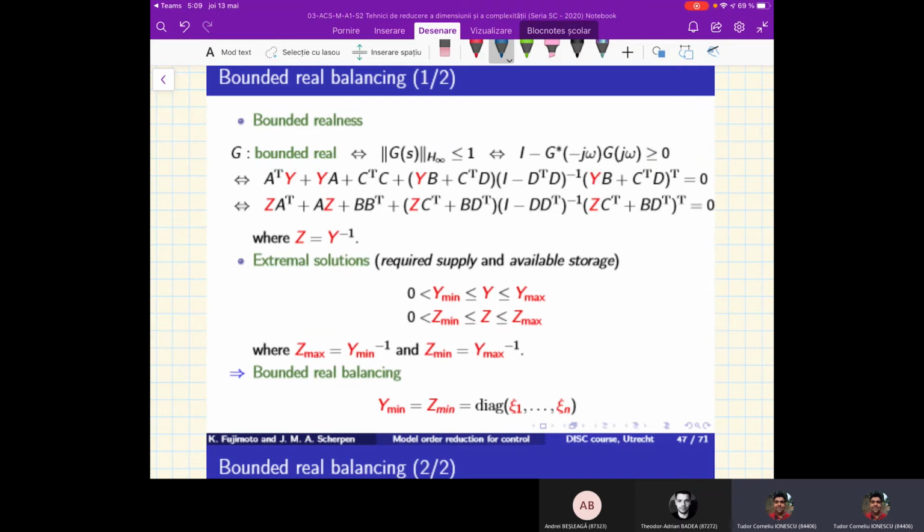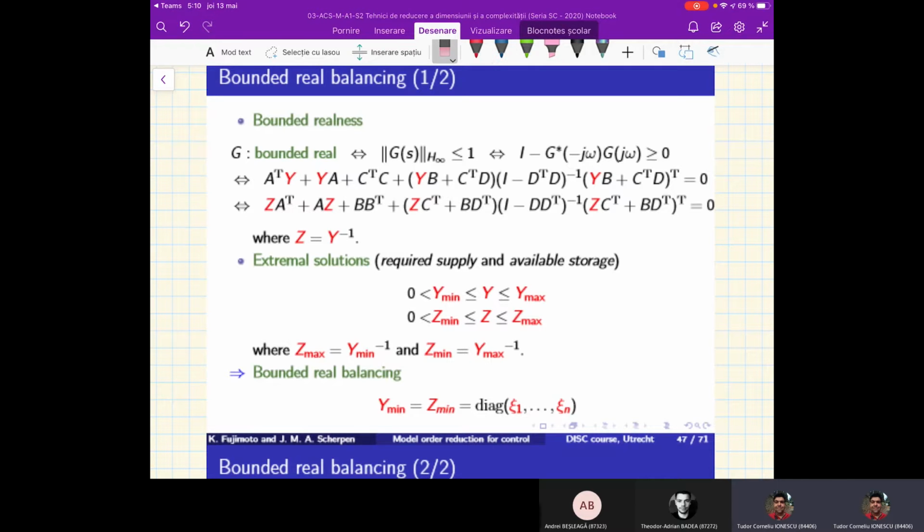Here it's explained what bounded real is, okay? And that you can have extremal solutions. Essentially, the Gramians sit in between a minimum and a maximum in both cases, positive real and bounded real, okay? Note that Z max is Y min, and Z min is Y max.